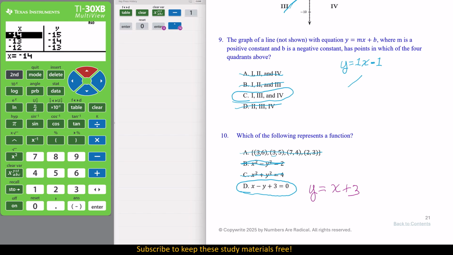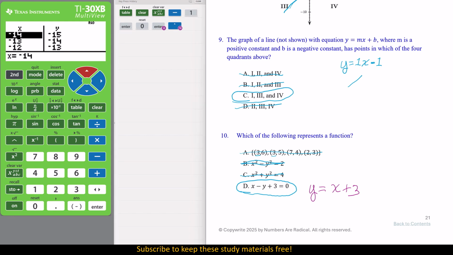Okay, and as we discussed in the prior video, can't remember which one it was, all linear equations are functions. It's a straight line that passes the vertical line test. So it is what it is. All right. So let's try number 11.